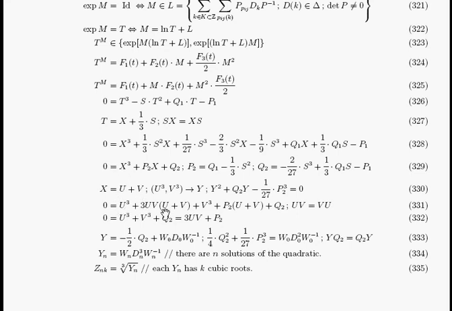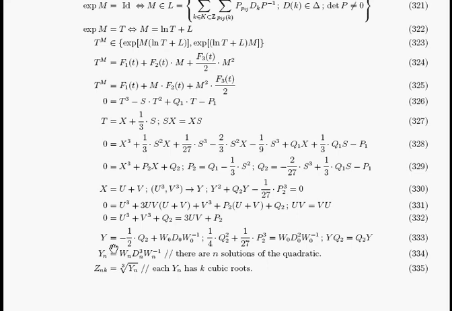U3 plus 3UV, U plus V, plus V3. Who is P2 X? P2 times U plus V. Who is Q2? The same Q2. So we search for a solution of this system: U3 plus V3 plus Q2 is 0, and 3UV plus P2 is 0.